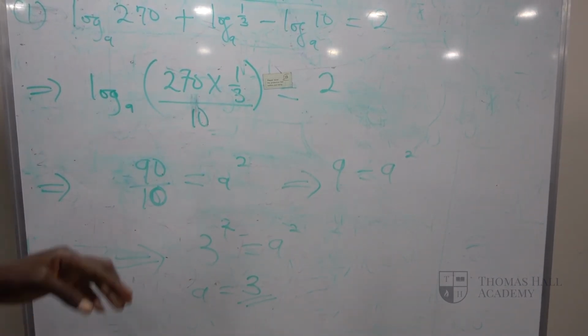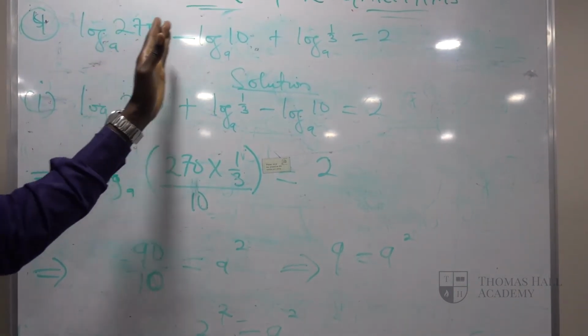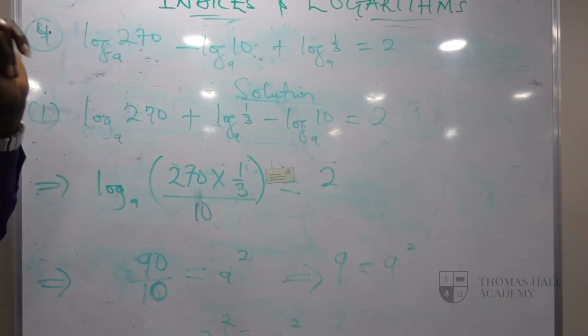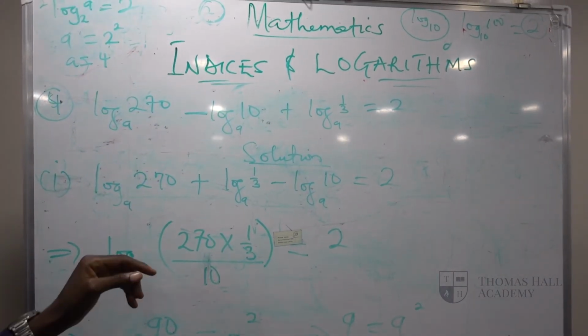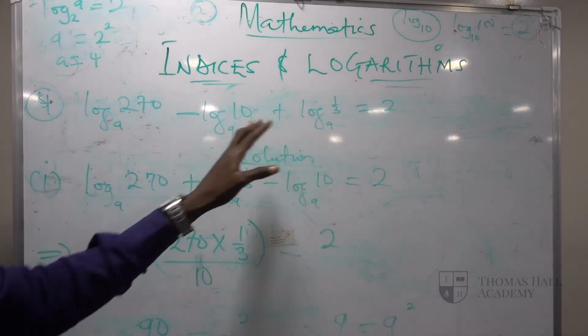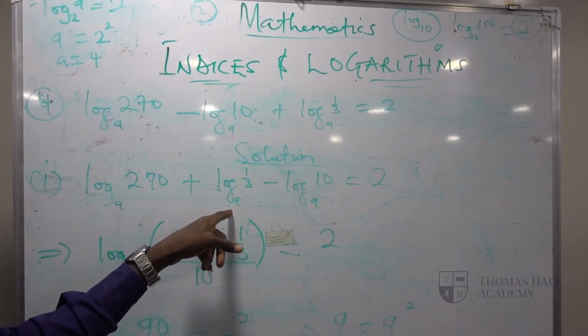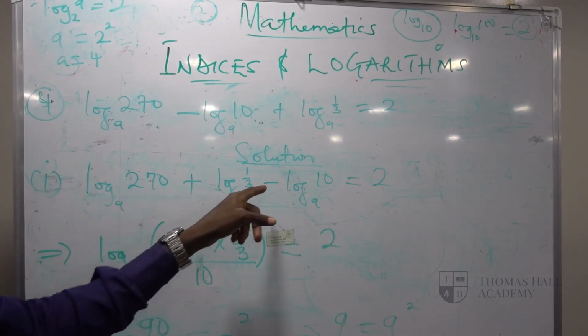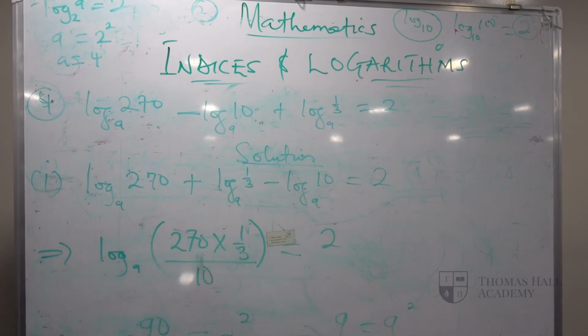Let's go back to this again. This is the question. Following the BODMAS rule, we solve addition before we solve subtraction. So I'm arranging it based on the BODMAS rule. Log 270 plus log 1 over 3 base A. Both of them are in base A. Minus this also is in base A. Log 10 base A equals 2.